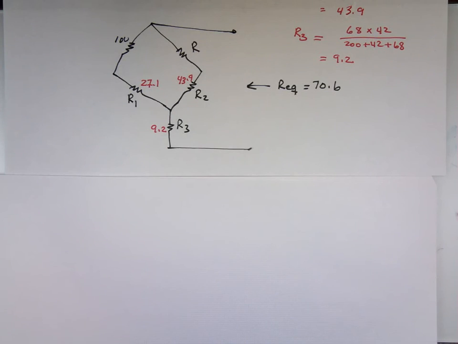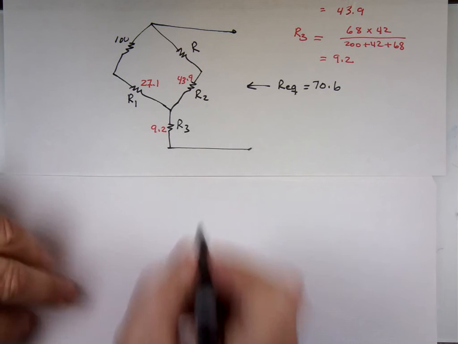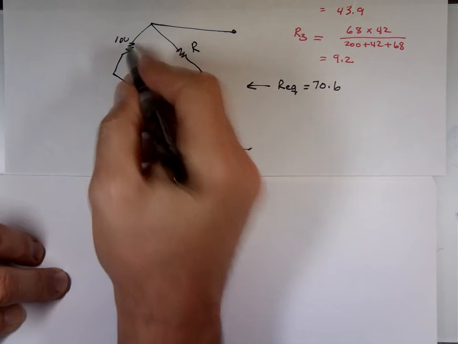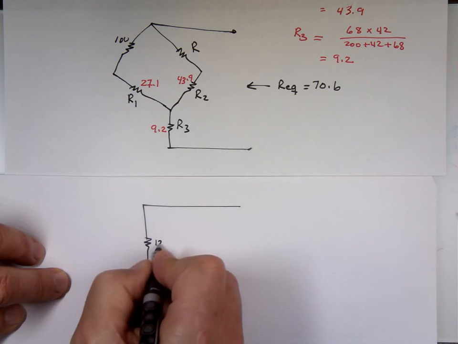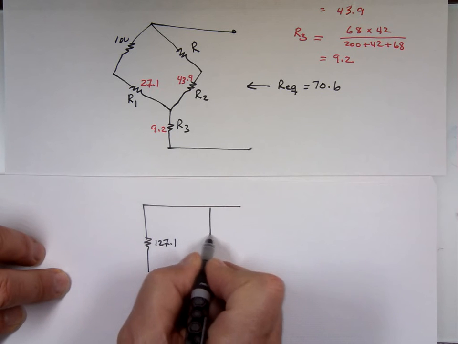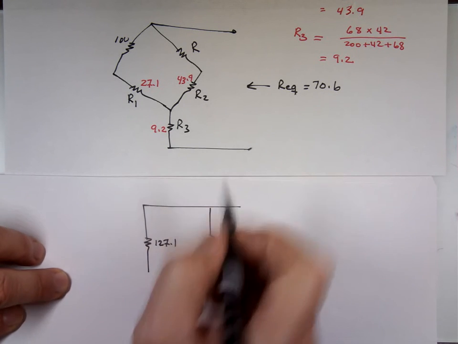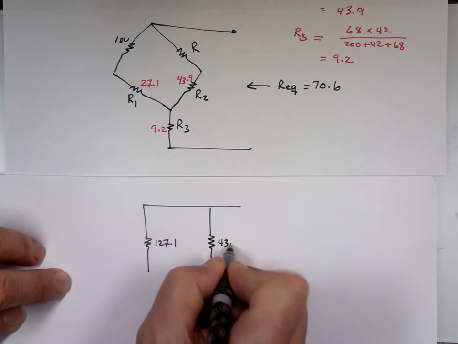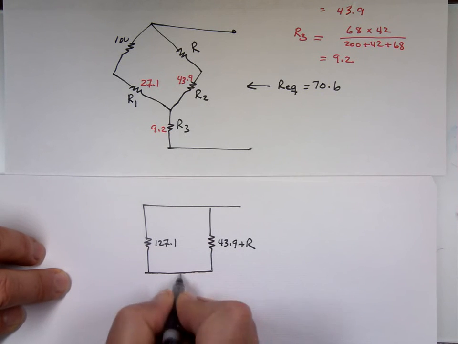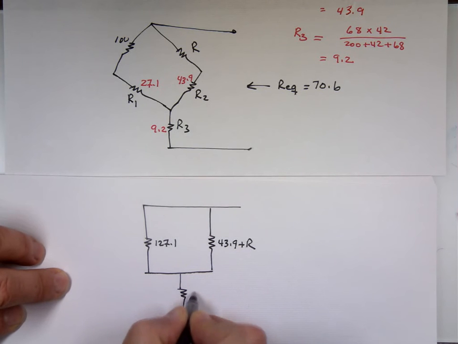I can make it look a little bit nicer now too. What's 100 plus 27? 127.1. Instead of having that little dent in it, I can make it look like this. This is 43.9 plus R, because you got to add them. 9.2.